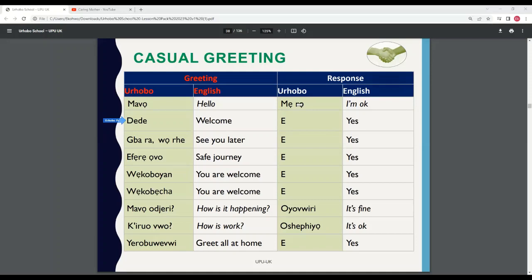It would not be very natural in Urhobo. A will be more appropriate in the Urhobo context. There are no hard and fast rules. It's just what's culturally acceptable in the Urhobo society or Urhobo worldview.